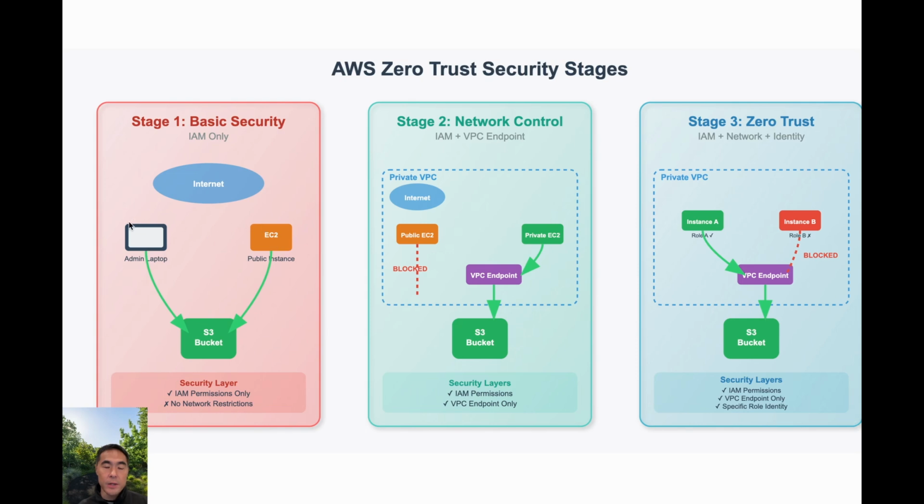You can see in this stage 1 diagram, it's all on the internet. When we deploy the S3 bucket, so this S3 bucket is the resource that we want to protect, the only control we have is IAM permissions from what I'm going to test, which is from my admin laptop, as well as from this EC2 that is publicly available.